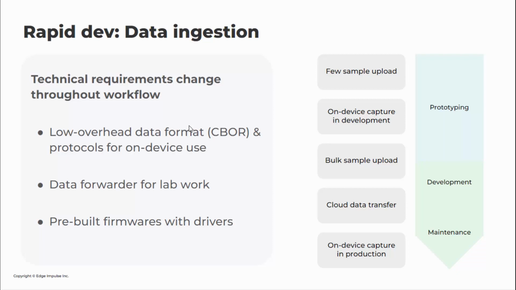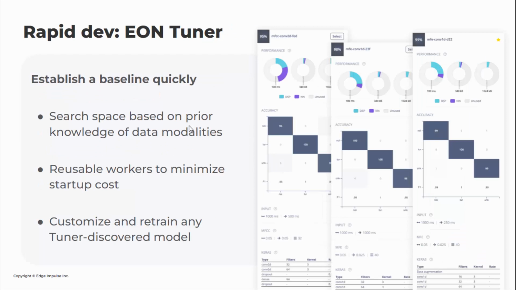So to do that, we've designed a low overhead data format that we can use for on-device use. We've built data forwarders that you can use in the lab to get data from the various places you need. And we've also got systems for ingesting data from cloud services.